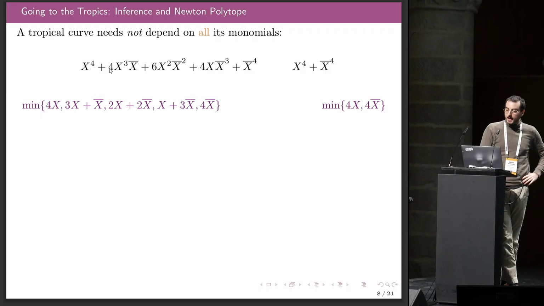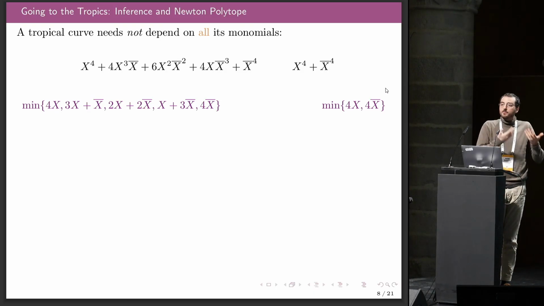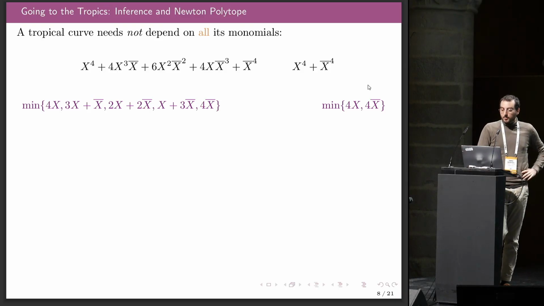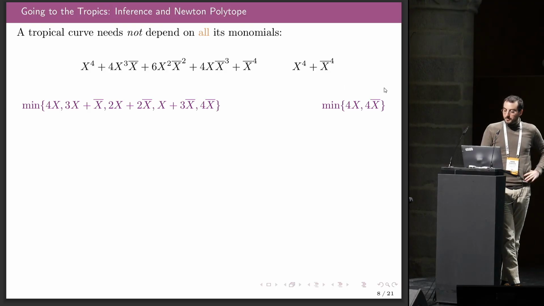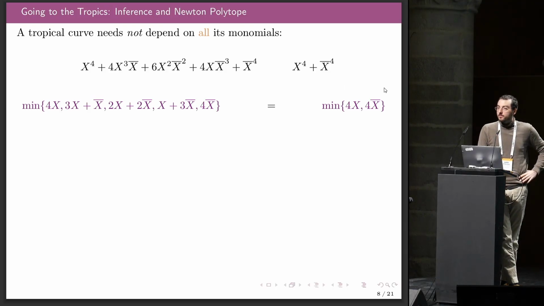I'm consciously neglecting the coefficients here, the 4, the 6, and the 4. Now I have these two expressions, and if I imagine instantiating these parameters, x and x bar, with actual tropical numbers, so non-negative real numbers, you can easily convince yourself that these two expressions evaluate to exactly the same thing, okay?